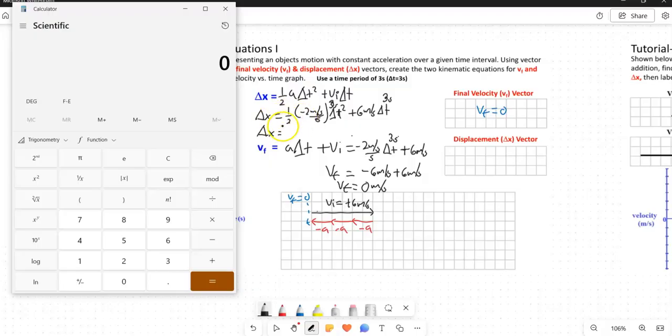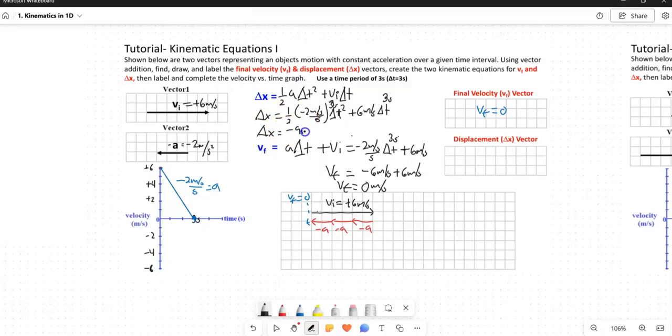So this is going to be -9 meters plus 6 times 3 is 18, so that's 18 meters. Didn't need to pull up a calculator. So the overall displacement is going to be positive 9 meters.